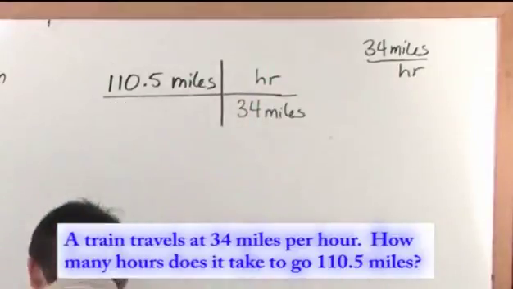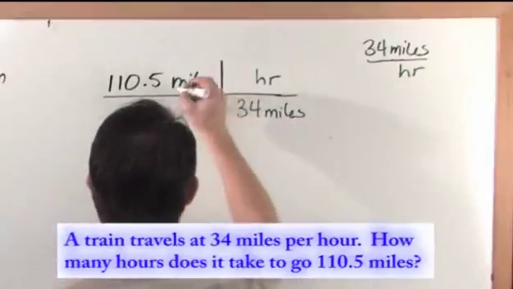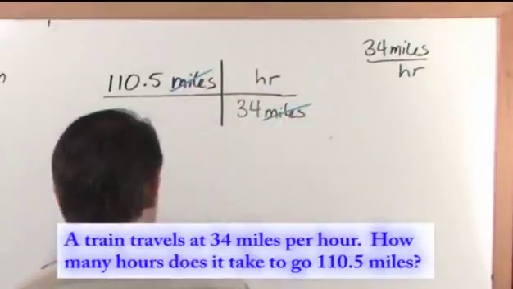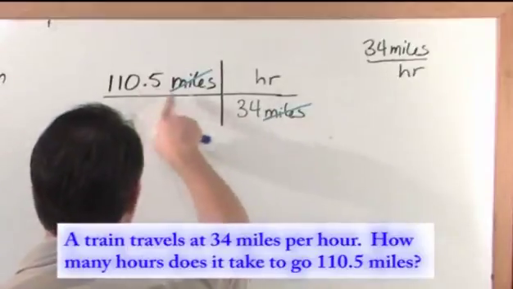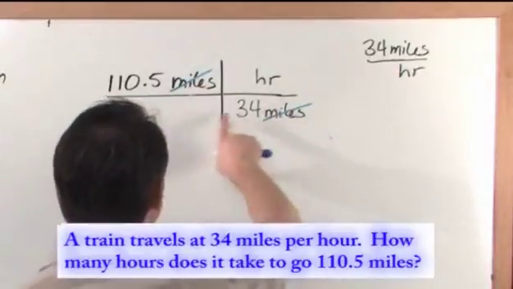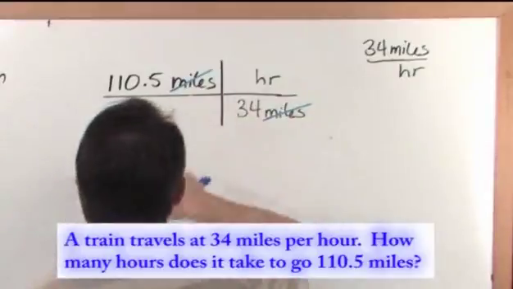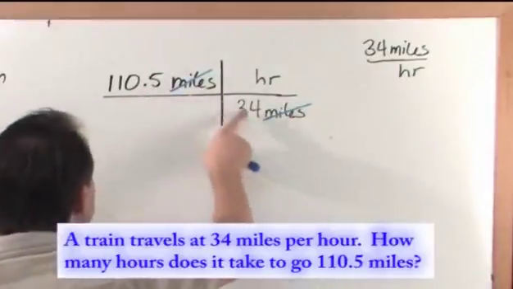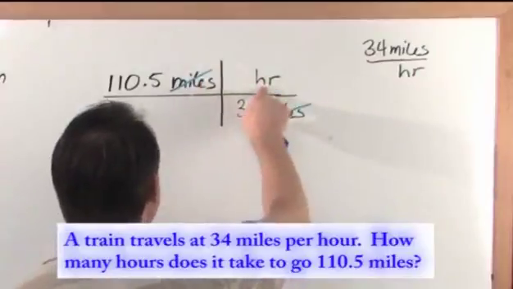Now, what happens when we do this is that because miles is on the top with miles on the bottom, they cancel. They just disappear, okay? Because this is on top and this is on bottom, this is division here. Anything on the top and anything on the bottom is divided by one another. So by putting it this way, you know that you must divide by 34 because that is the only way that the units come out to hours.